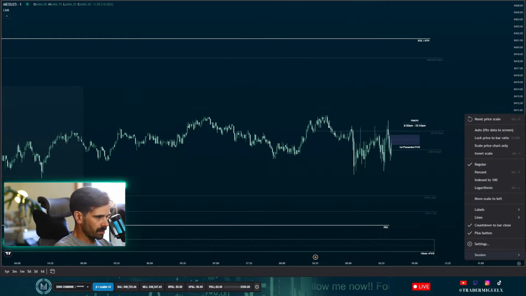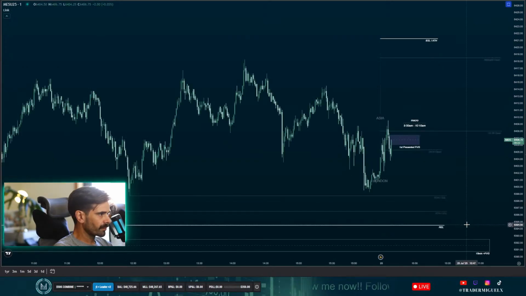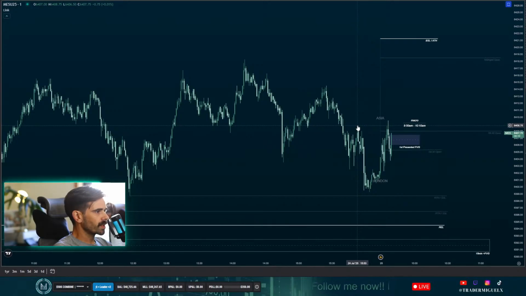Looking into the regular trading hours, we took some buy side liquidity here already. So eventually, if we would have the strength to go lower, this buy side liquidity would be enough, honestly.